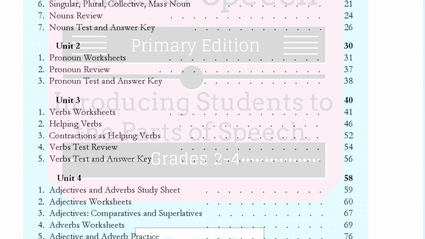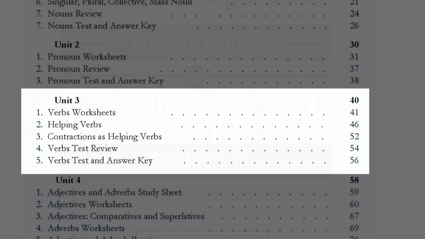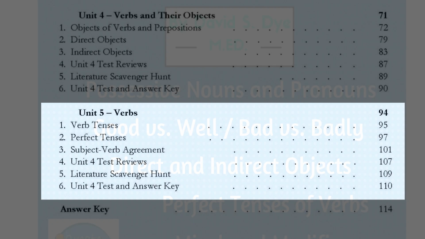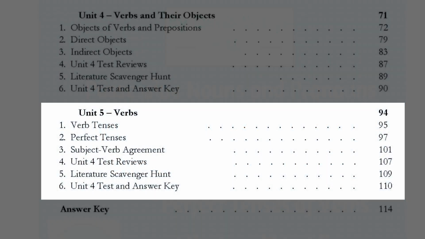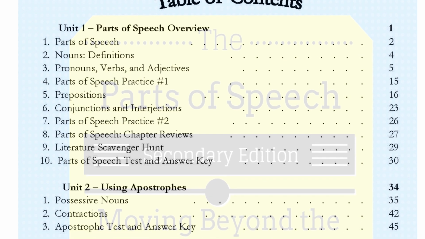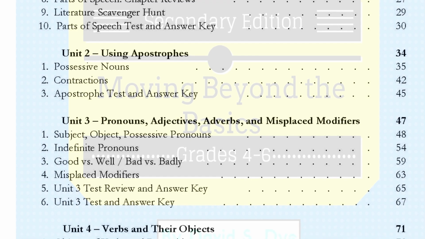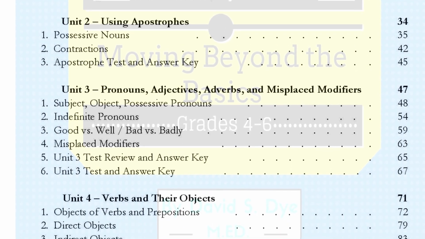For example, you can see here in the table of contents that the primary edition covers basic verbs, while the secondary edition will dive deeper into perfect tenses, like past perfect tenses, present perfect tenses, and future perfect tenses. This can really benefit the students when they study other languages. Understanding perfect tenses might make learning other languages easier, as conjugating verbs can get pretty intense when you're studying other languages.